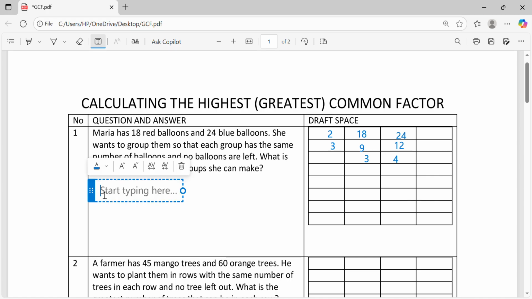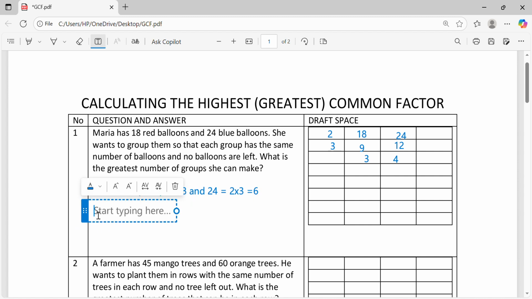There you will have to say that the highest common factor, or GCF, greatest common factor, of 18 and 24 equals 2 times 3, that results to 6.